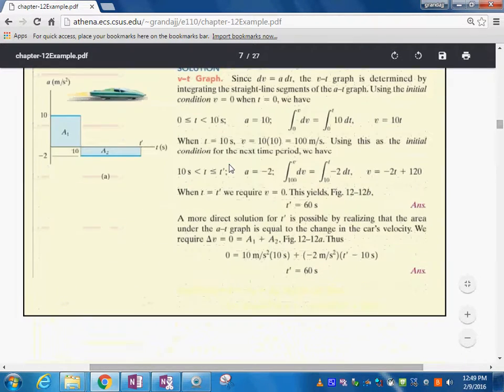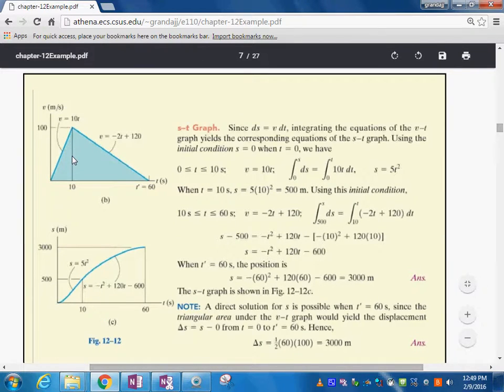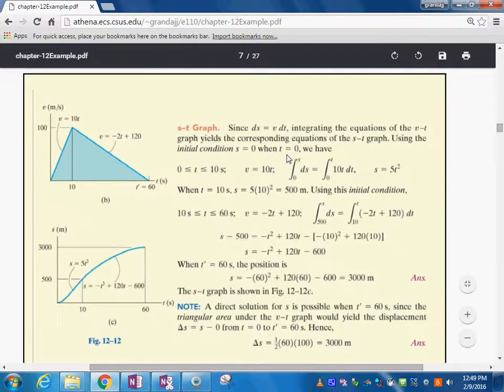So when t is equal to 10 seconds, s is going to be 500 feet, 5 times 10 to the second, using this initial condition. And then when you have from 10 to 60, v is equal to minus 2t plus 120.